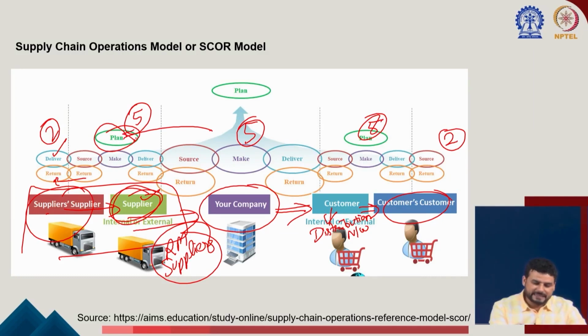After planning he will source, saying this particular vendor I will get these many supplies, these many lots or quantity, then we will make, maybe convert, that value-adding activity I was talking about will be done here, then we will deliver to the manufacturer.